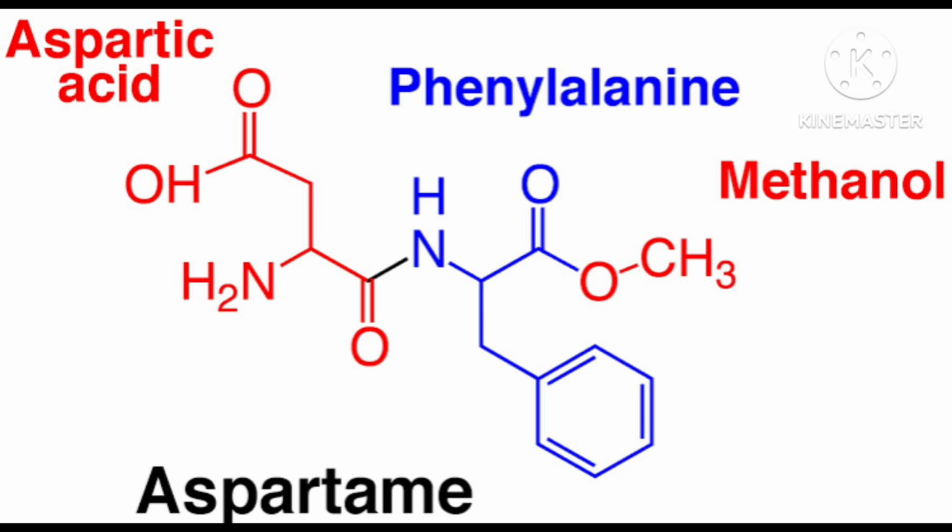Now I will tell you more about artificial sweetening agents. Artificial sweetening agents, as I told you, have no nutritional value. This is the very first important point. Natural sweeteners, for example sucrose, add to caloric intake.